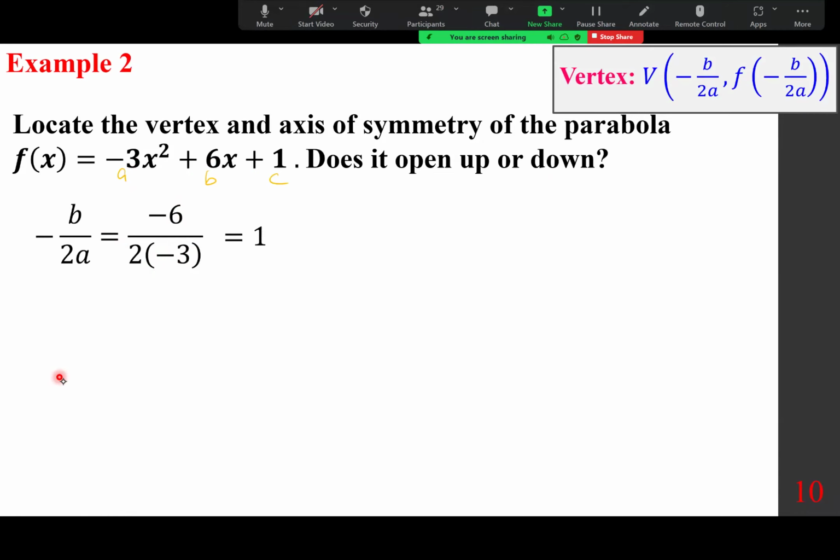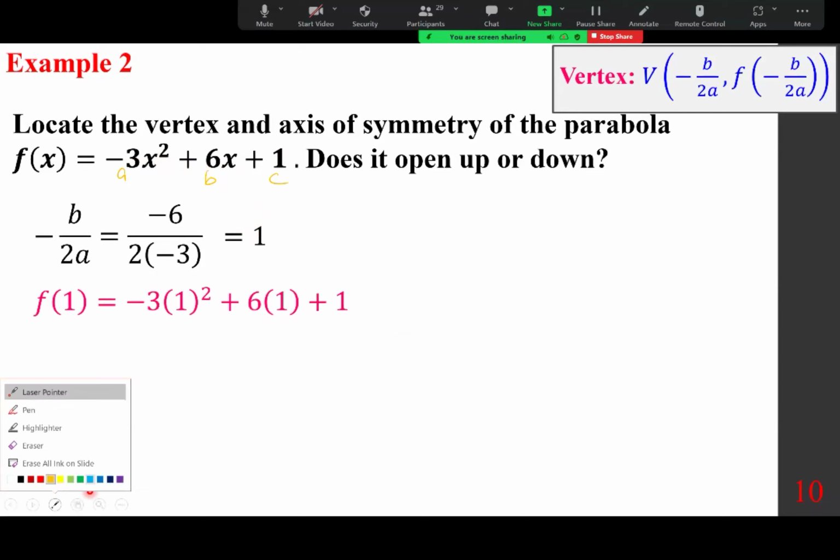And so if I plug in 1 into this, I get the y coordinate of the vertex. So negative 3 times 1 squared plus 6 times 1 plus 1. This is 1, we get minus 3 plus 6 plus 1, which is 4.